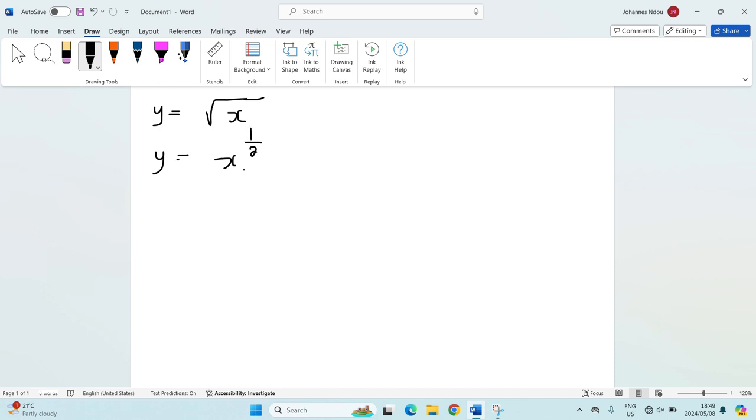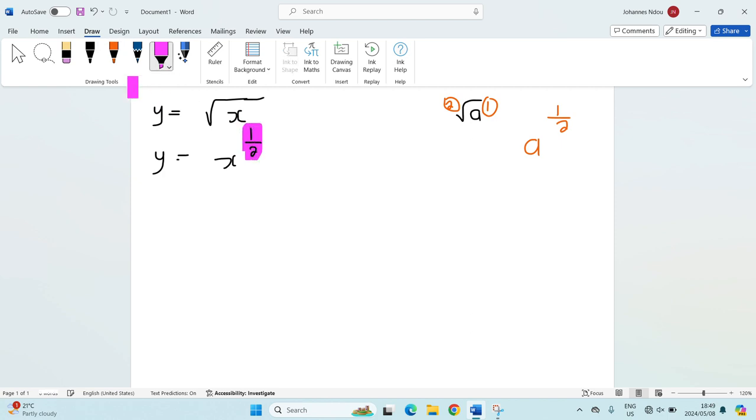I write it in a form whereby I'll be able to differentiate it. Remember that if I'm given a square root of a, I've got an invisible 2 over here, and I've got a power 1 over here. So I can write this as a to the power of this number divided by this number, this 1 over 2.